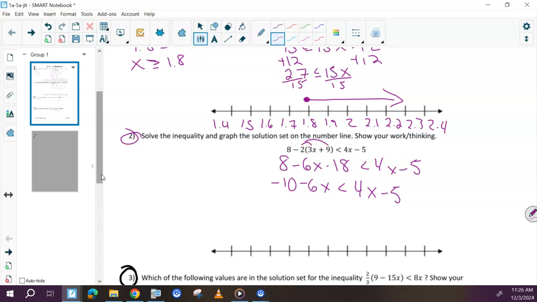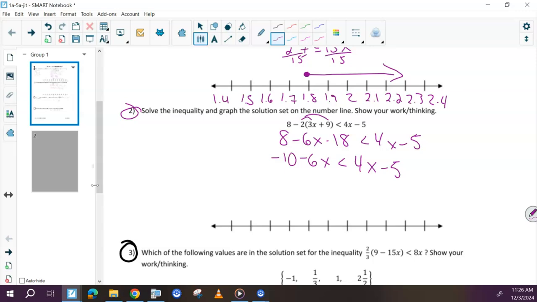I'm going to make it so that the x's are on the left and the constants are on the right, so I don't have to change anything later. If that's not what you did, that's okay. So let's move 4x and add 10. So the 10's cancel, the 4's cancel. We have negative 10x is less than 5. And then when we divide, we get another fraction or decimal.